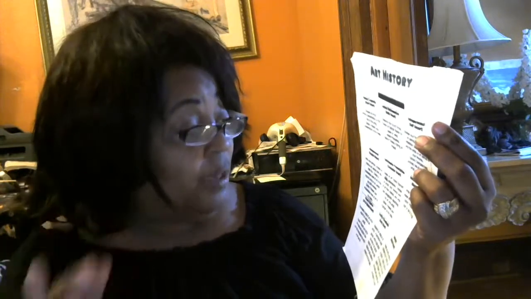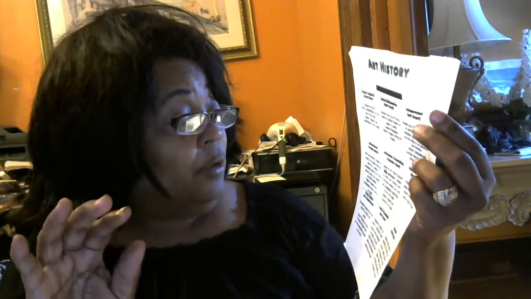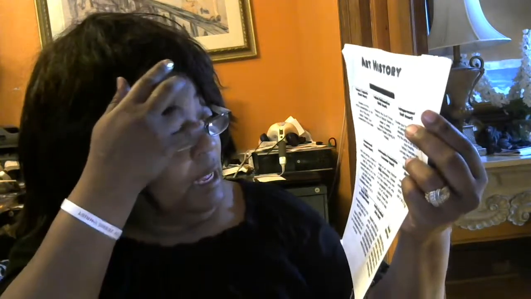Choose an artist or an art period that you both like and create a collaborative art piece. Work on it together. Both of you agree, and present your collaborative art to class. You'll have a week to do this.